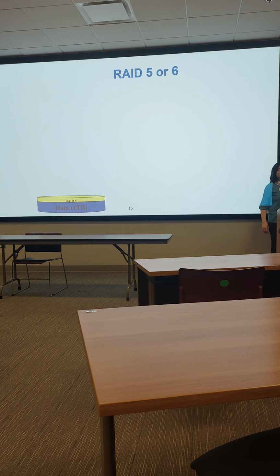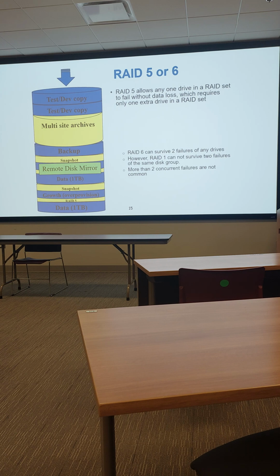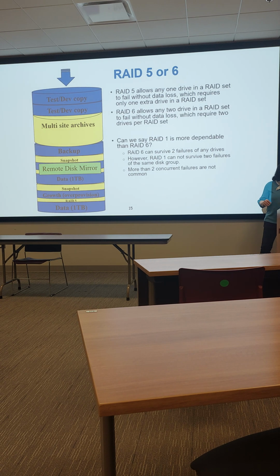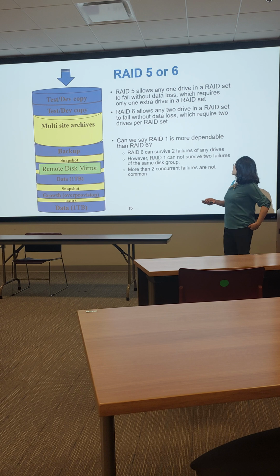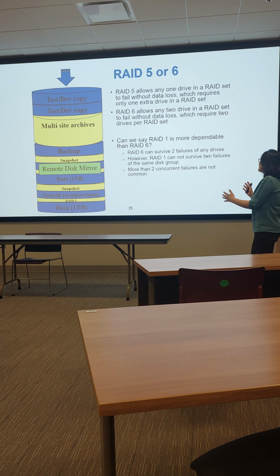RAID 5 and 6 might be better than RAID 1, potentially. RAID 5 can survive a failure. RAID 6 can survive any 2 failures. RAID 1 takes a lot more space. RAID 6 takes less space, right?